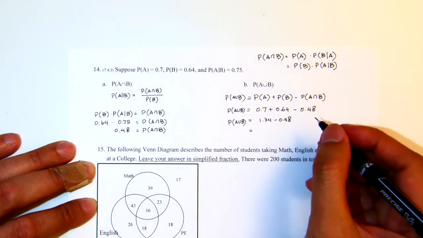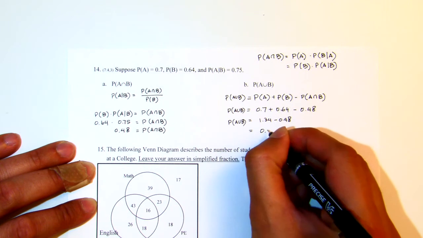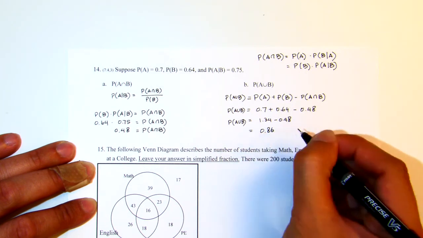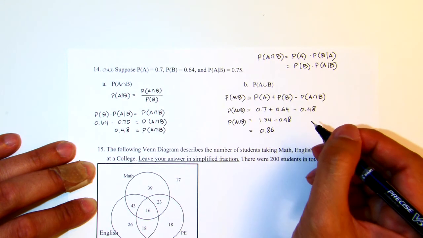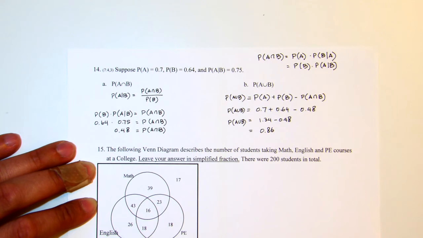What is that equal to? 6, that's 9, 0.86. Okay, that's the probability of the union A union B.